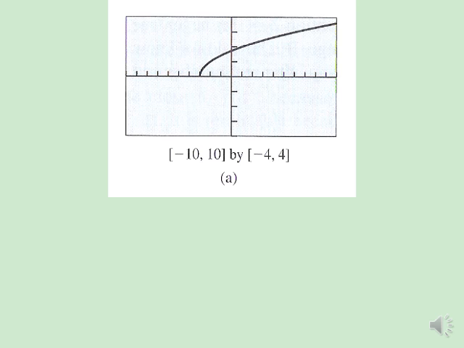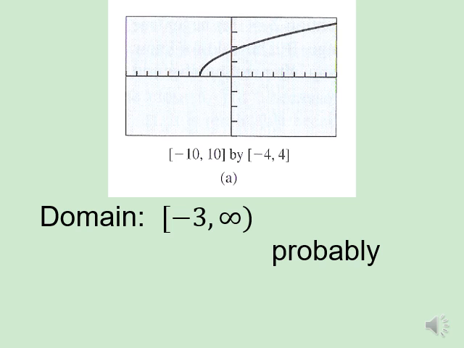Well, I don't see anything over at the left. Looks like this starts at about -3. And then it goes through -2, -1, 0, 1, 2, 3. It continues over to the right side of where this graph cuts off. And we can always assume on graphs that they're going to keep on going, which is why for this one, I would probably say that the domain is from -3 to infinity.